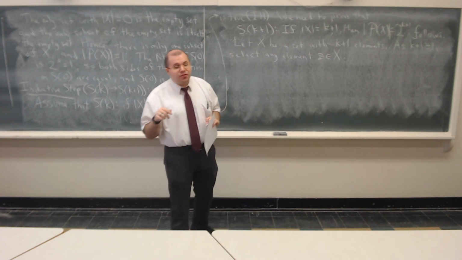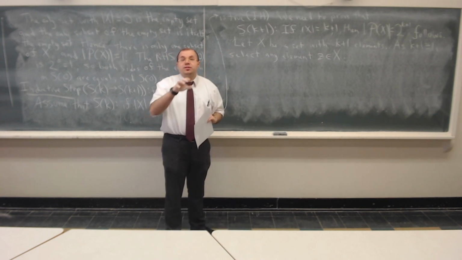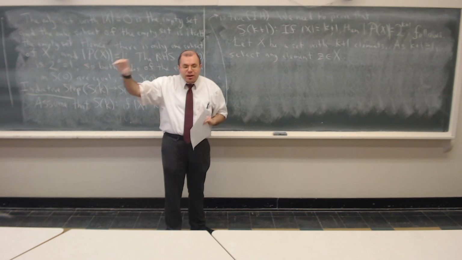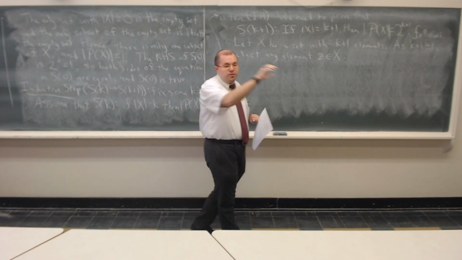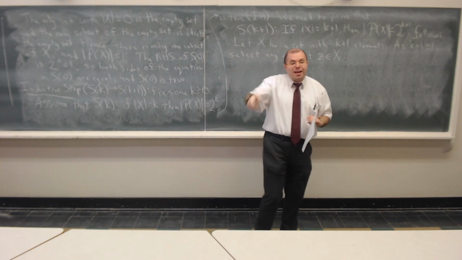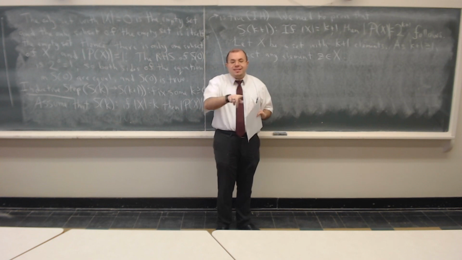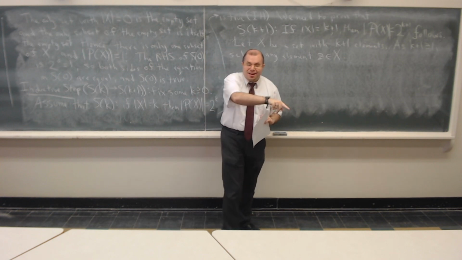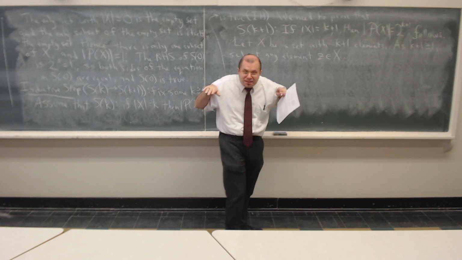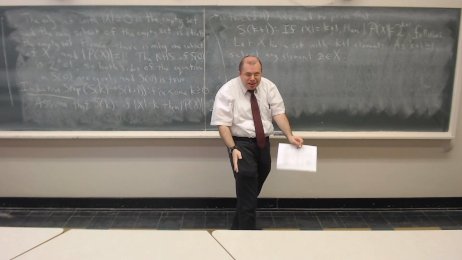There is the case for which z is not a part of the subset, or z is a part of the subset. So if I consider any arbitrary subset of X, either it does not contain z or it contains z. I'm going to show you that you can actually pair up the subsets, line them up, and then you could count them, and we could use the inductive hypothesis.